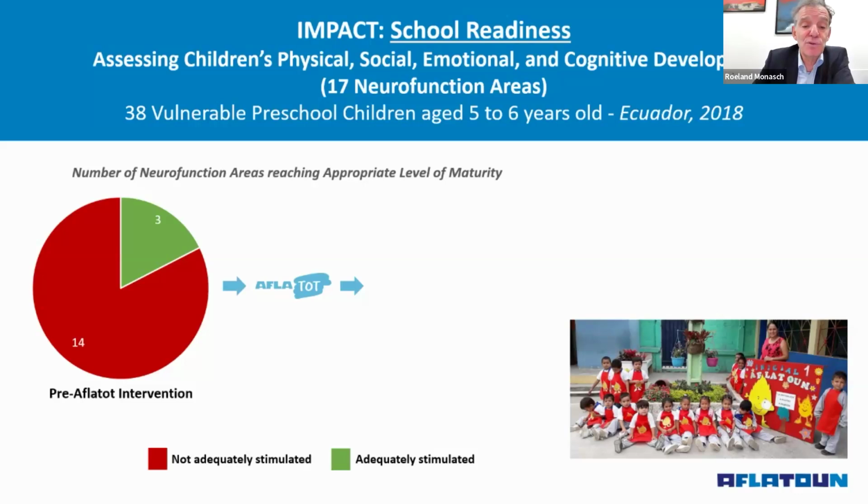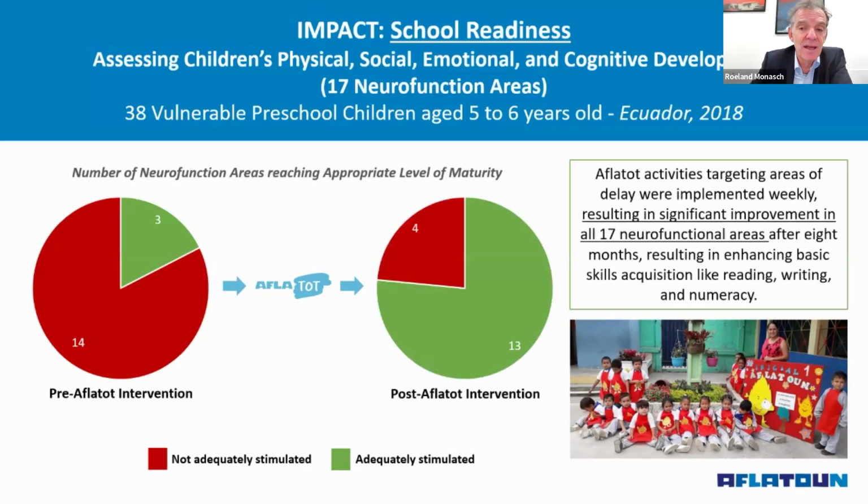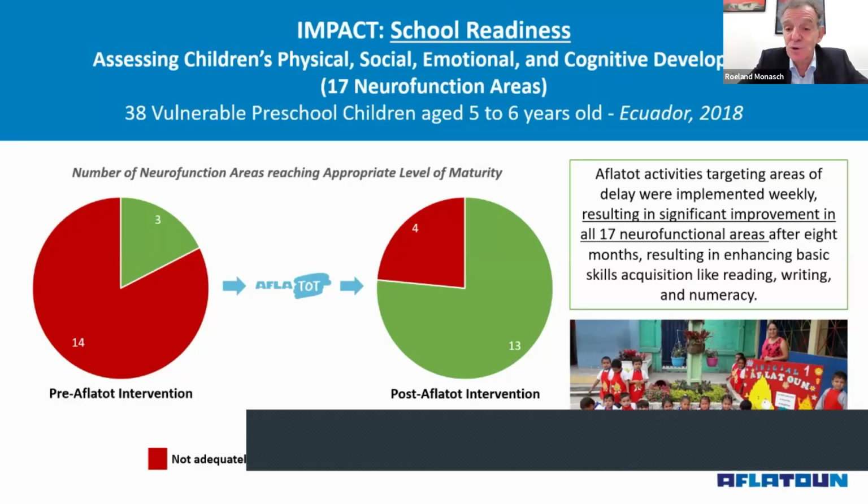Therefore, they decided to go for an 8-month intervention where every week these children went through a program which was based and developed on the AflaTot methodology. And as a result of that, as you can see, the areas which were adequately stimulated increased significantly, and now 13 of the 17 were adequately stimulated, and the 4 that weren't were just below the threshold.